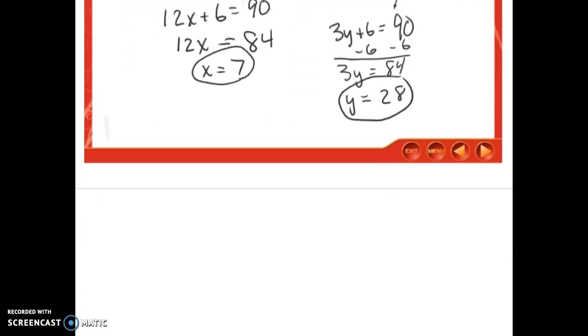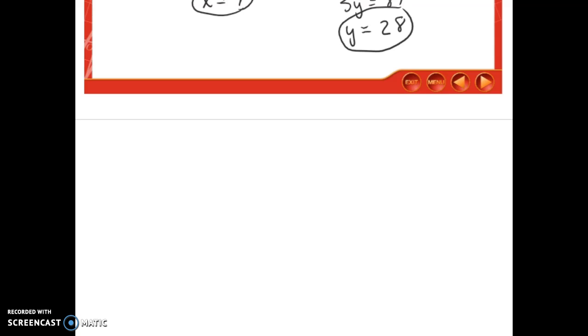Okay, so again, you're working with either the linear pairs, the measure of angle 1 plus the measure of angle 2 equals 180 degrees, or you're working with something with 90 degrees.